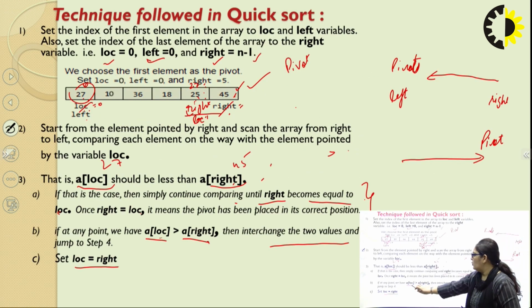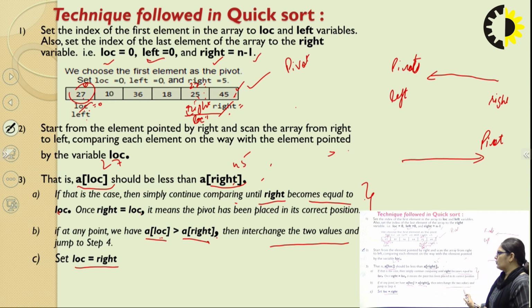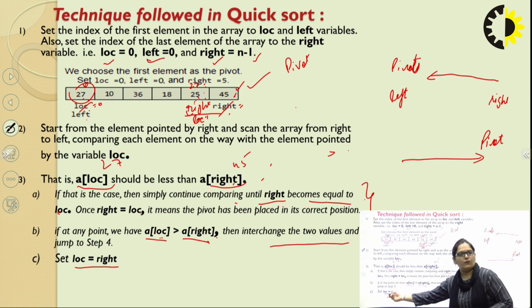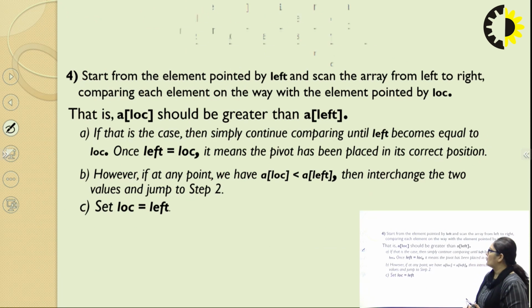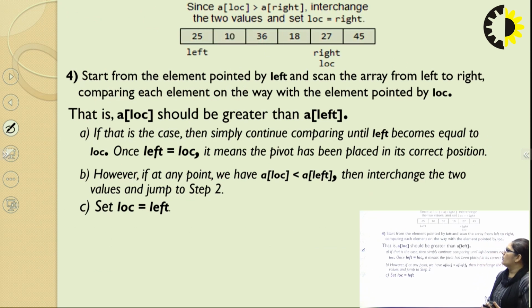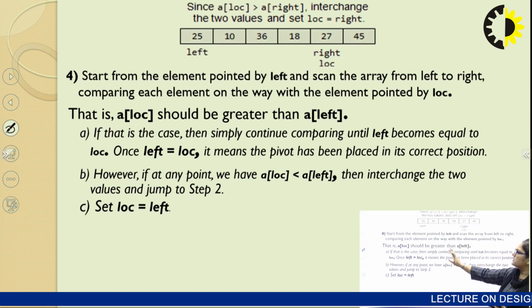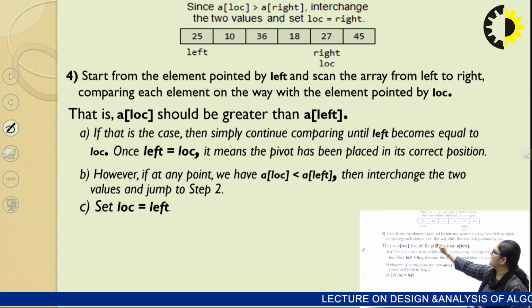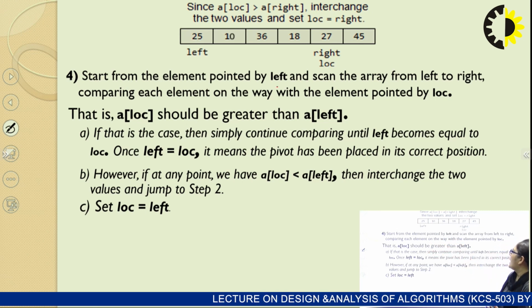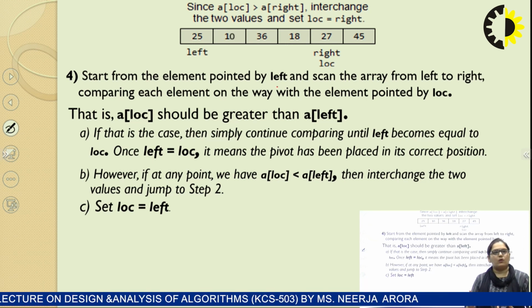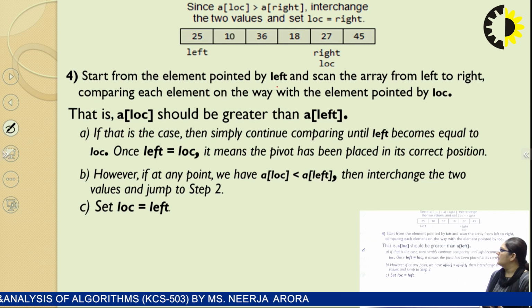If A LOC is greater than A right, then we have to interchange the values and move to step 4. So this is step 4. What are we doing in step 4? In step 4, we have to start from the element pointed by left and scan the array from left to right, comparing each element on the way with the element pointed by LOC.